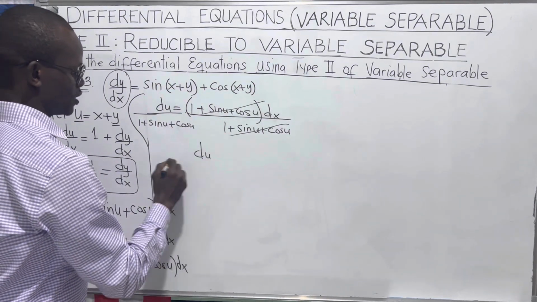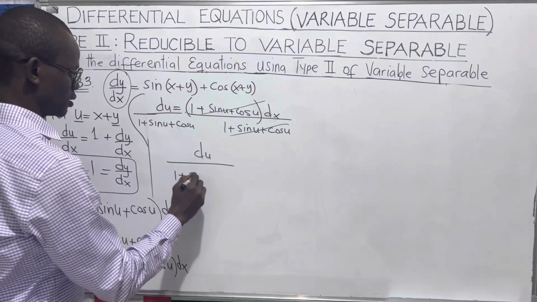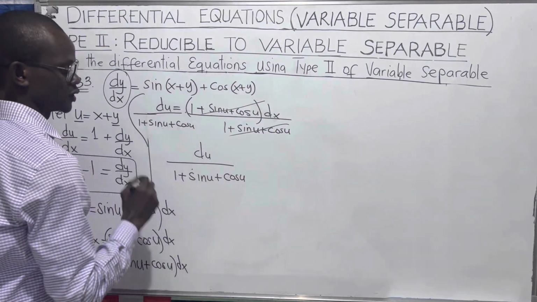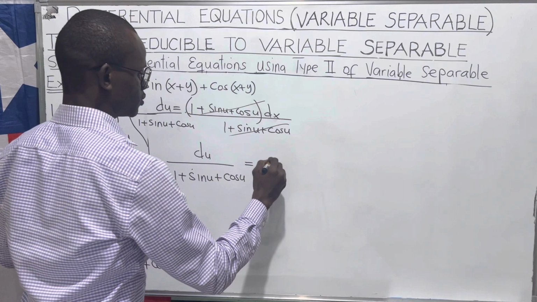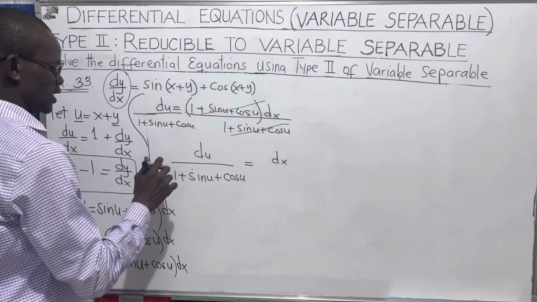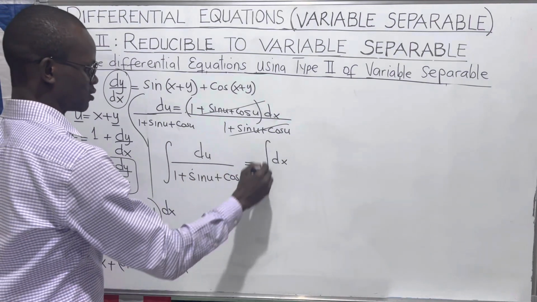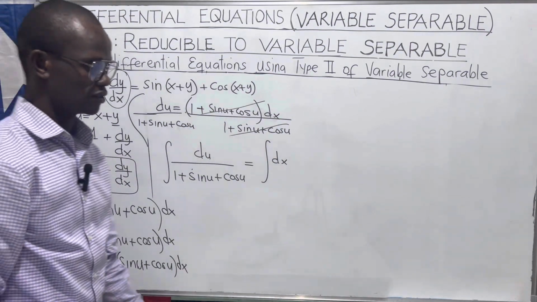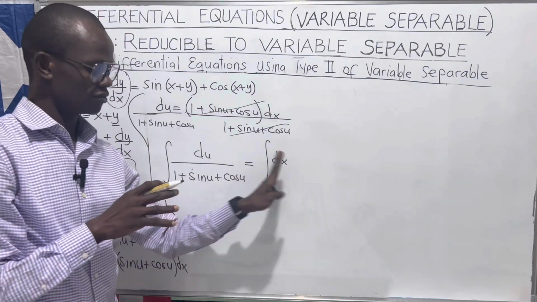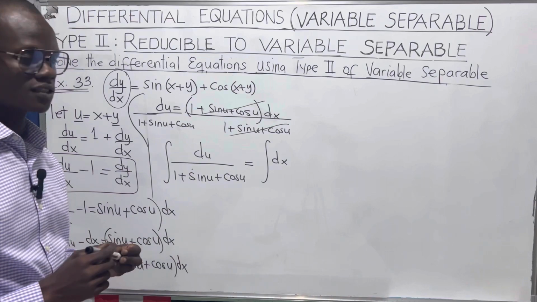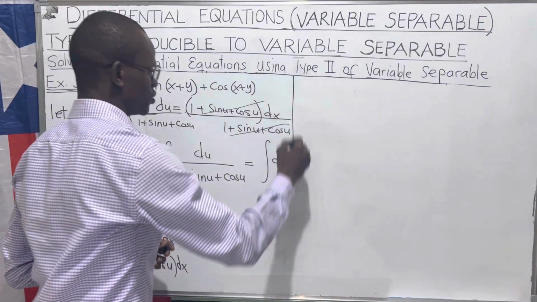You have du all over 1 plus sine of u plus cos of u must be equal to dx. So the variables have been separated. We can now integrate both sides to find the general solution. The right hand side of this equation is very easy to integrate. The left hand side has the issues.